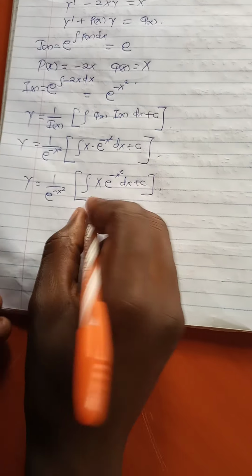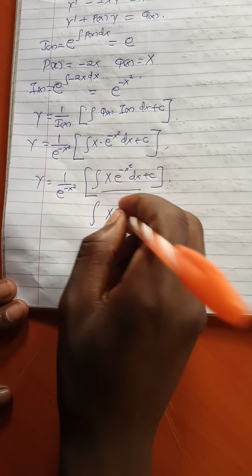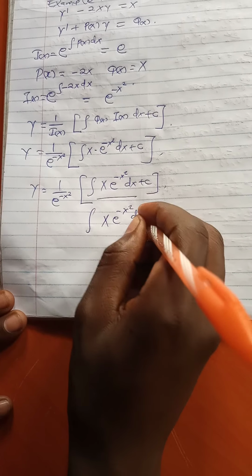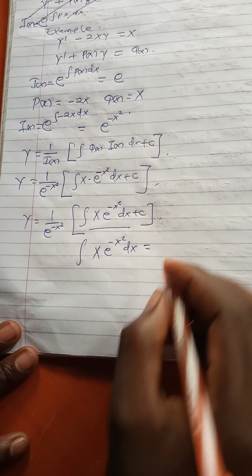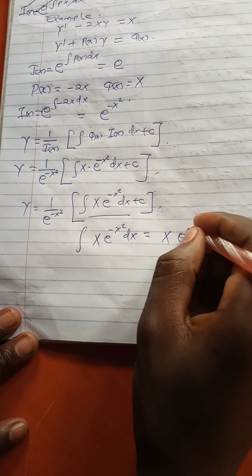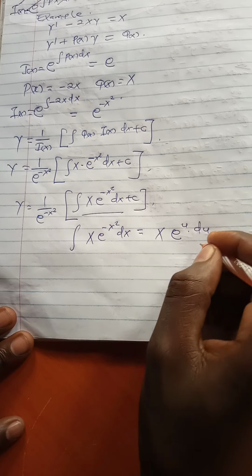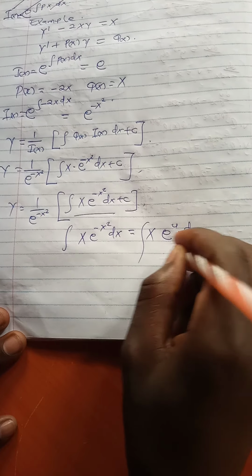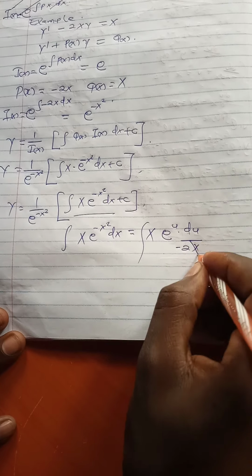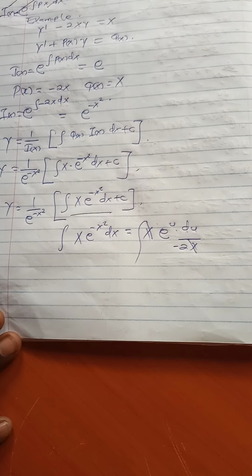So we want to integrate this part. The integral of x e to the negative x squared dx, I'll use u substitution, with u equal to negative x squared, so du is negative 2x dx. Then x will cancel, and I bring out negative a half.